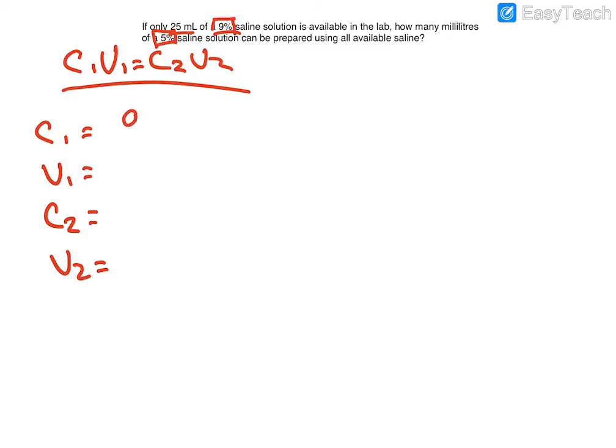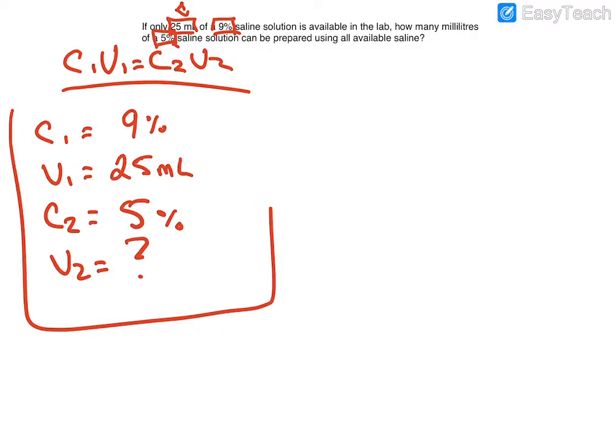So C1 is 9%, and 25 milliliters is our V1, initial volume, because that's all we have in the lab, and we want to see how much we can get at the end, which is V2, out of what we have. And we do know our final concentration of 5% here. So in this specific question, we're going to be looking for V2, and we're going to rearrange this formula to figure it out.